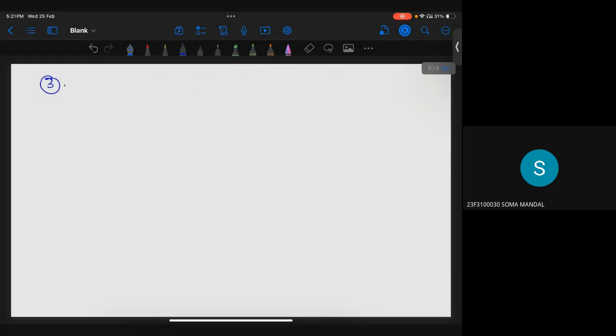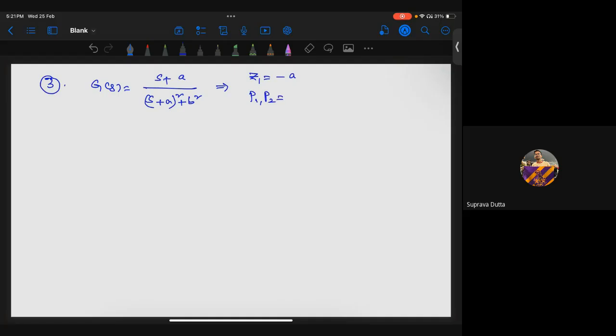Let's say g of s equals s plus a by s plus a whole square plus b square. Now tell me the zeros. That is minus a. Am I correct? So poles p1, p2 are minus a plus jb and minus a minus jb.